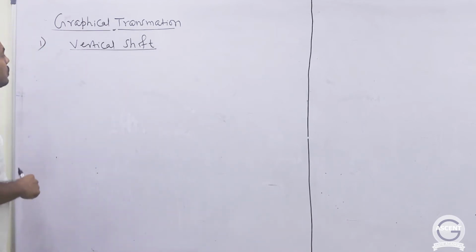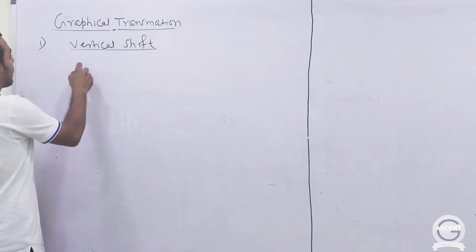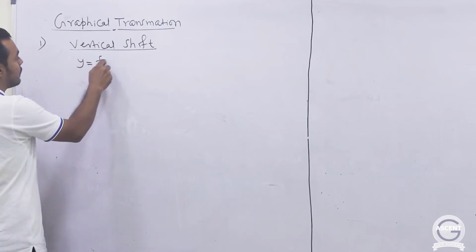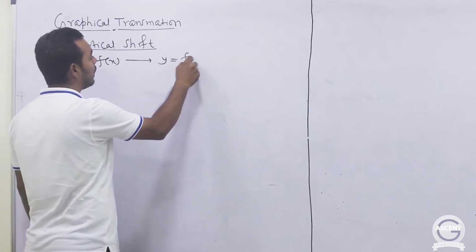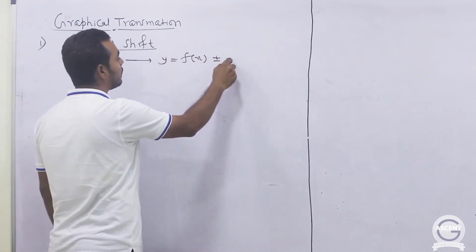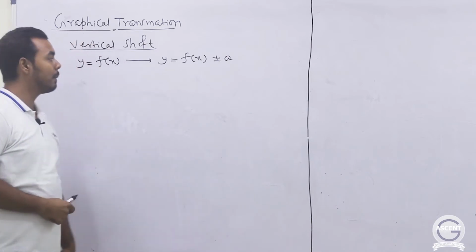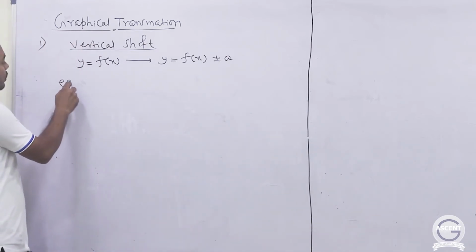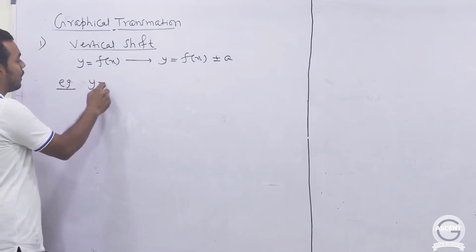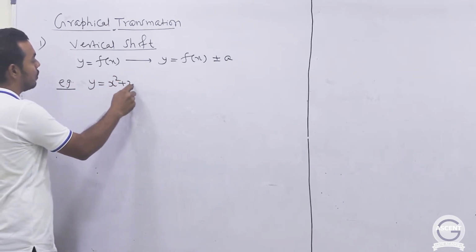The meaning of vertical shift is that we know the graph of the function y equals f of x, and from here we have to draw the graph of f of x plus or minus a. Then how to draw the graph of these functions? For example, suppose I want to draw the graph of y equals x square plus 2.